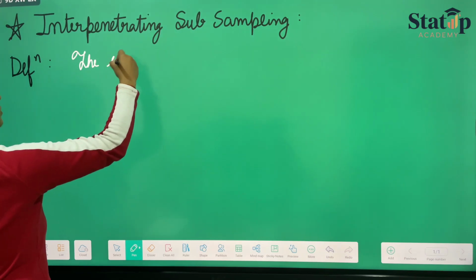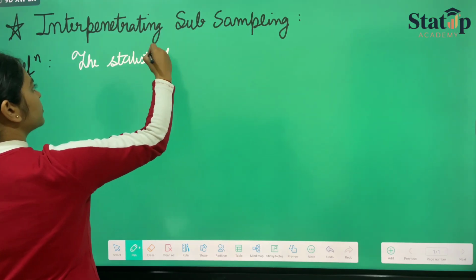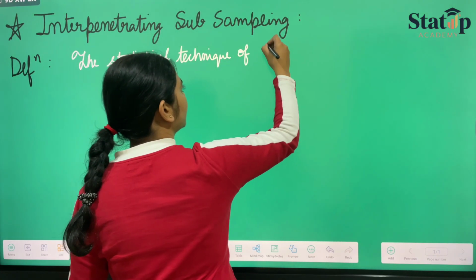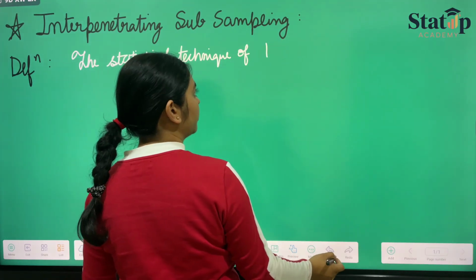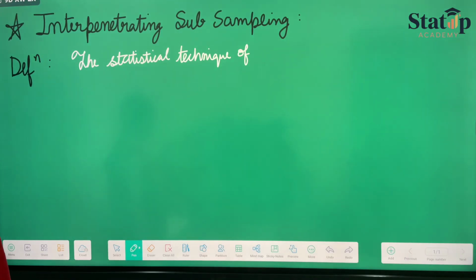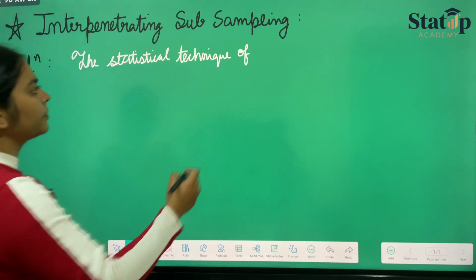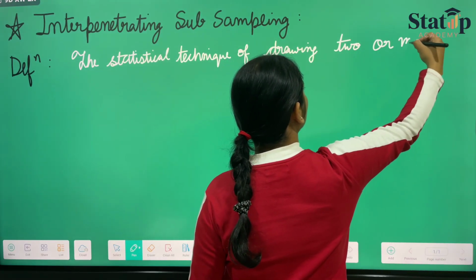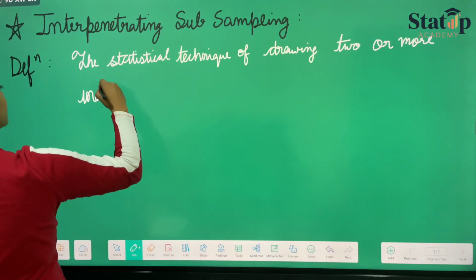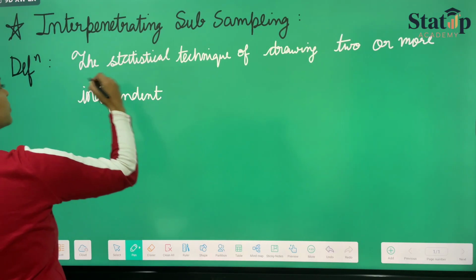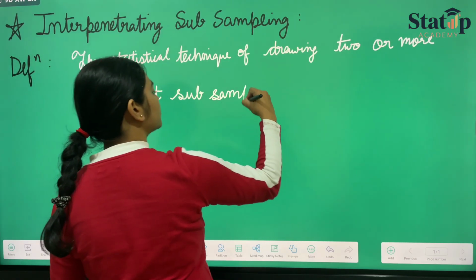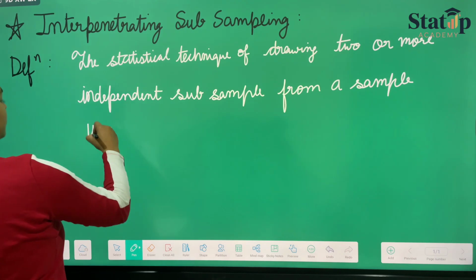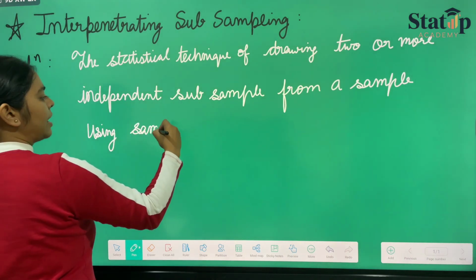The statistical technique that consists of drawing two or more independent subsamples from a sample using the same sampling technique.